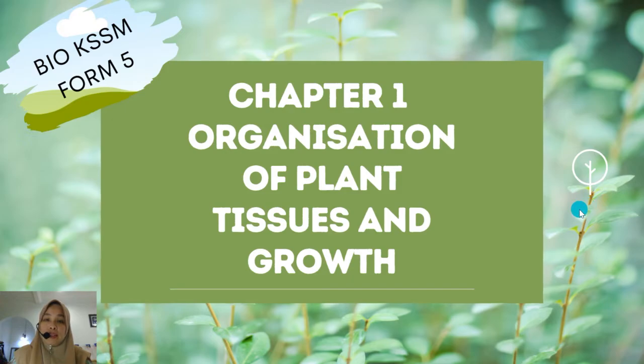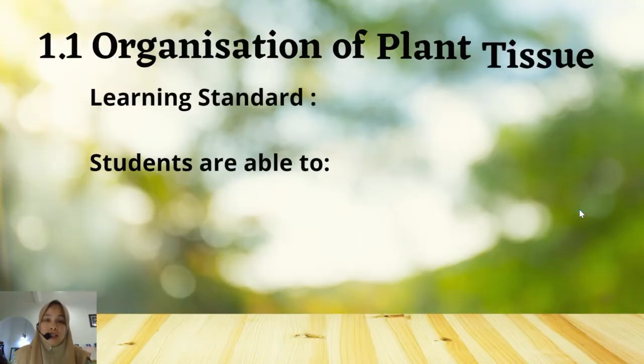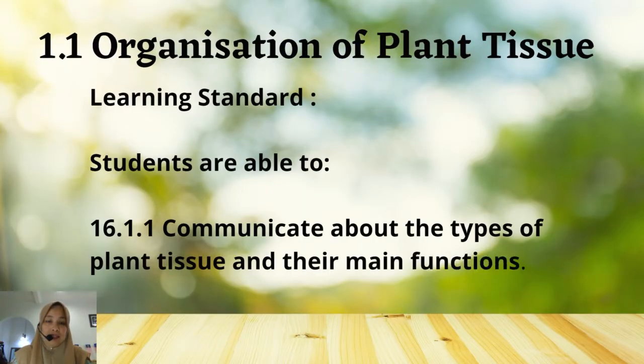Okay, so let's go to the learning standards. Before we go to the learning standards, this is referred to the subtopic in Chapter 1, 1.1 Organization of Plant Tissues. For today we are going to learn about the organization of plant tissues.